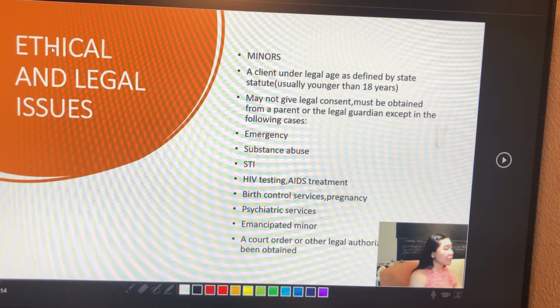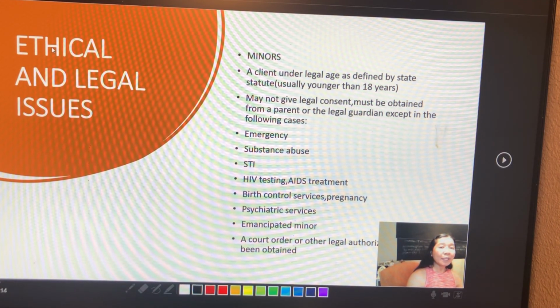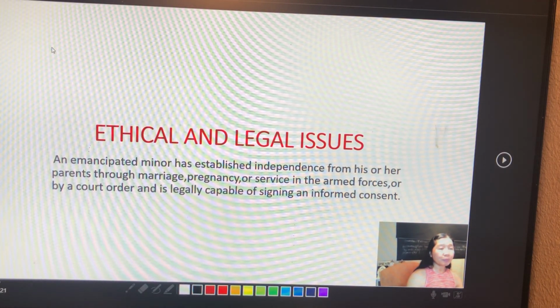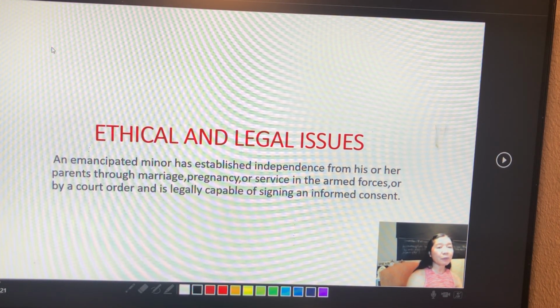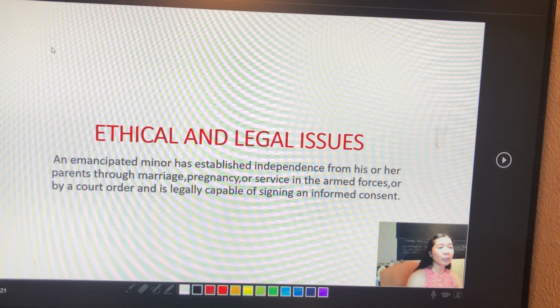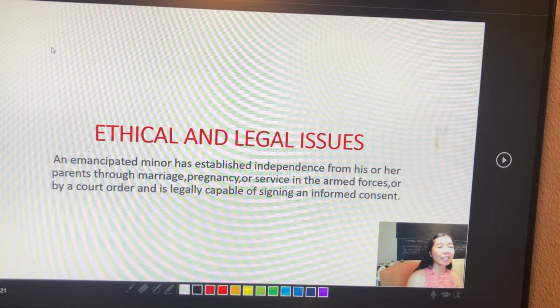The minor is an emancipated minor, or a court order or other legal authorization has been obtained. What is an emancipated minor? An emancipated minor has established independence from his or her parents through marriage, pregnancy, or service in the armed forces, or by a court order, and is legally capable of signing an informed consent.